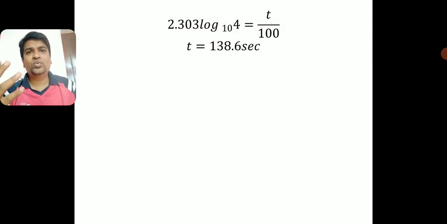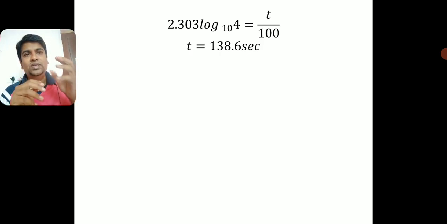To do that you have to multiply this with 2.303. So it is 2.303 log 10 to this is 4. For converting natural logarithm into base 10 you need to multiply that with 2.303. In your calculator you have base 10. If you type log, by default it takes base 10. So you have to compulsorily, while solving the numericals, multiply that with 2.303.